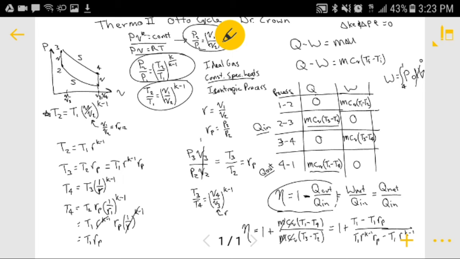And then I can divide the numerator and the denominator by T1, so this becomes a 1, this is gone, this is gone, and this is gone. I can factor out from the denominator r to the k minus 1, giving 1 plus (1 minus r_p) over r to the k minus 1 times (r_p minus 1).